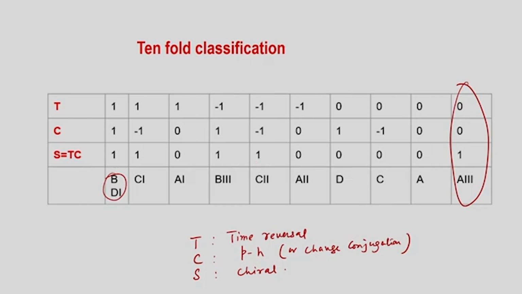S is nothing but a product of T and C. So, this is the tenfold classification of materials. Of course, I am presenting a very concise version of this classification that is only relevant to us, and will not go any farther than that.